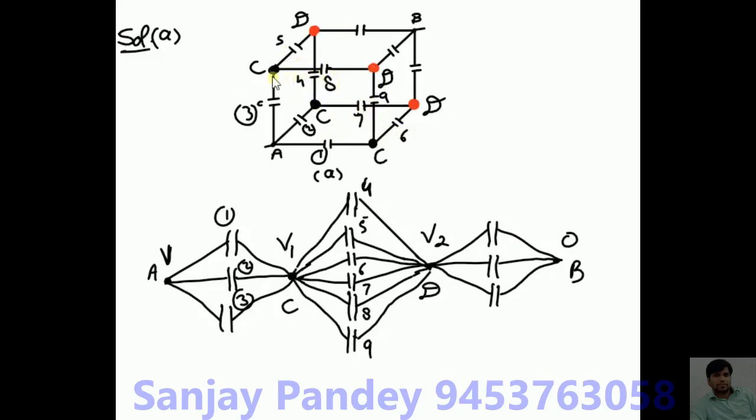These capacitors are between C and D. So there are 6 capacitors between C and D.